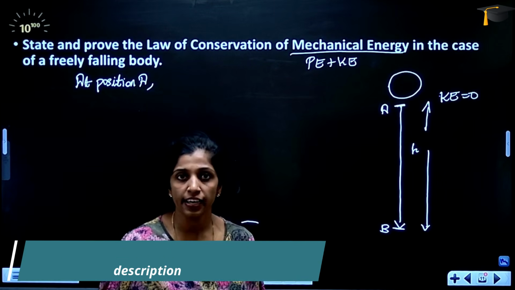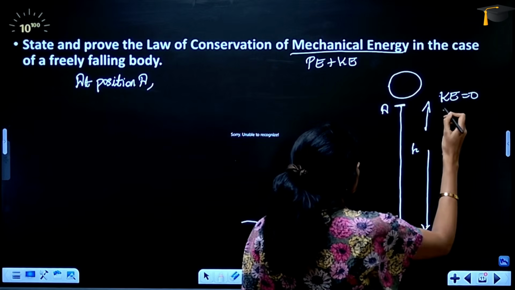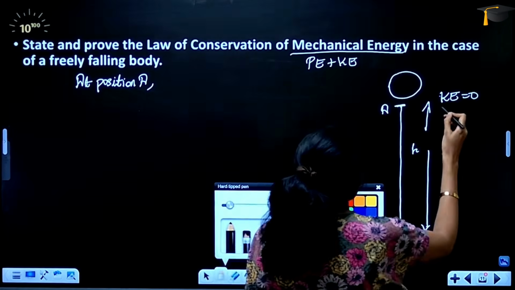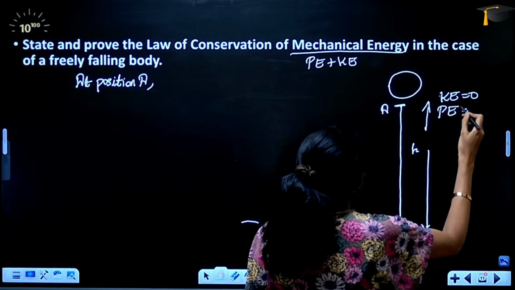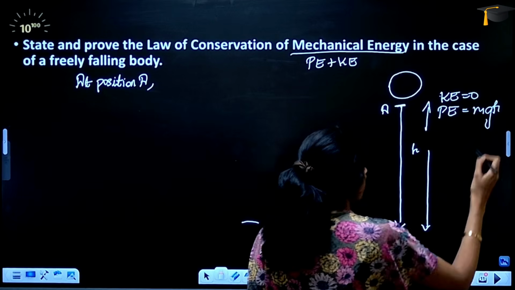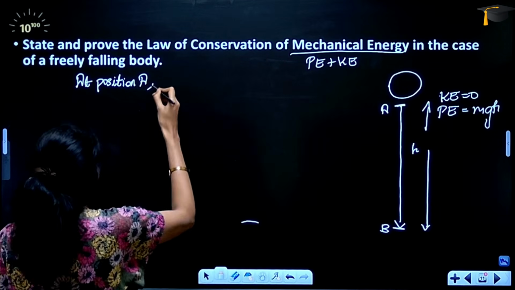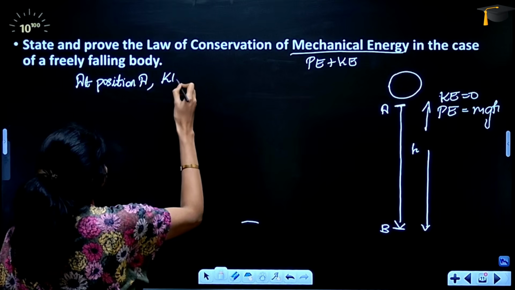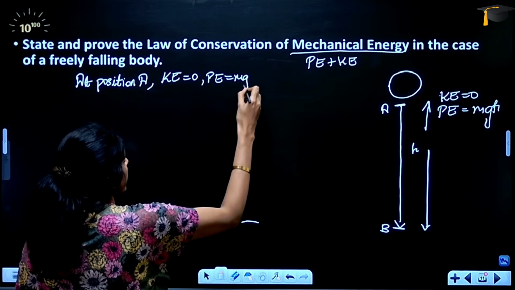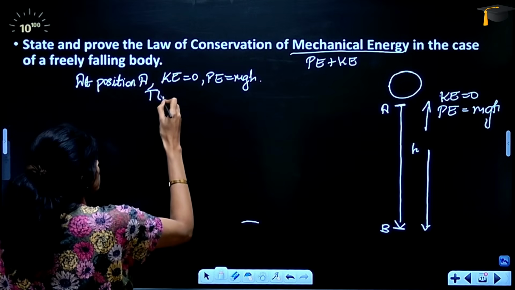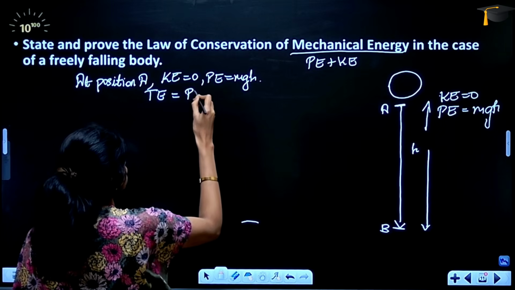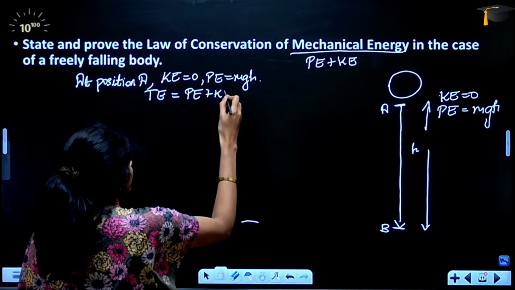Whereas the potential energy of that object will be mass times gravity times height h. Please remember this: at position A, kinetic energy will be 0, whereas potential energy will be mgh. Therefore, what is the total or mechanical energy? Of course, it's the sum of potential and kinetic energy.